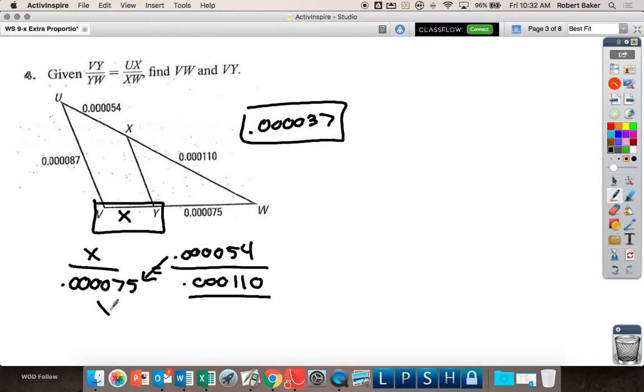Now it's X over 0.75 equals 0.54 over 110. Now cross multiply: 0.075 times 0.054 divided by 0.110.